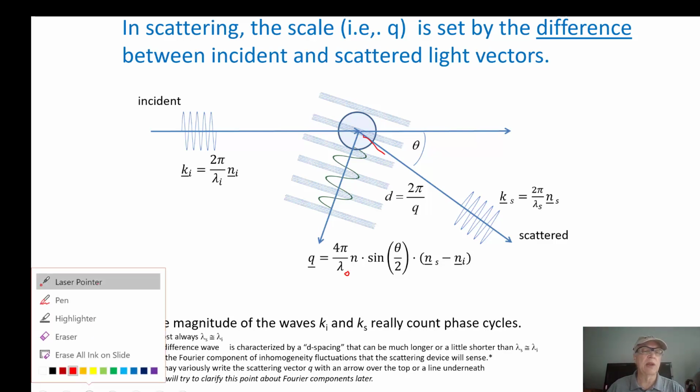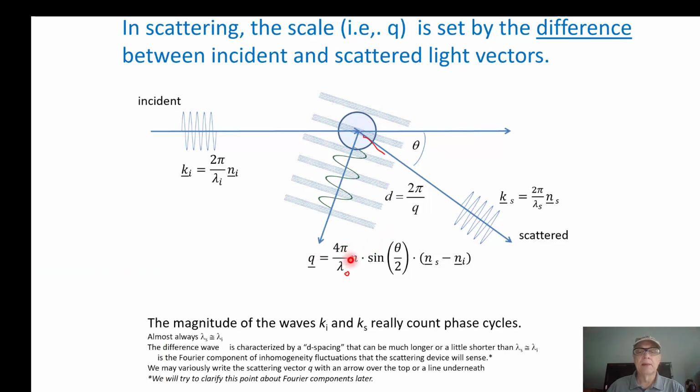So that's a handy number to remember for your laser. So 4 pi over lambda naught, times n, which is the refractive index, times sine of half the scattering angle. And then these here are vectors. You see this vector here. N is a unit vector that gives us the direction of the scattered beam and the direction of the incident beam.